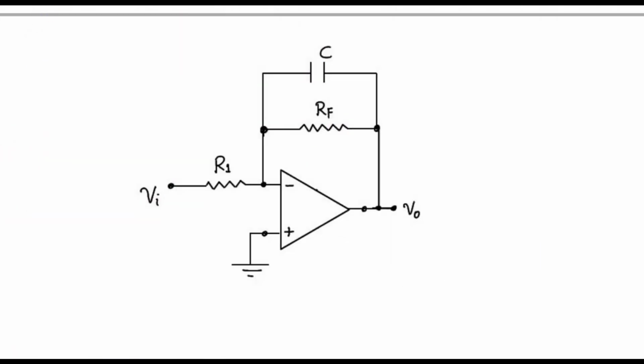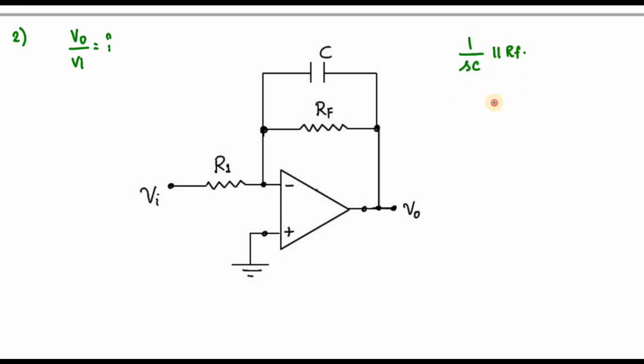Now let us discuss the second problem. They are asked to find V naught by VA, so this is nothing but your transfer function. How to find this one: here the C and RF are in parallel. So I can write 1 divided by SC in parallel with RF.